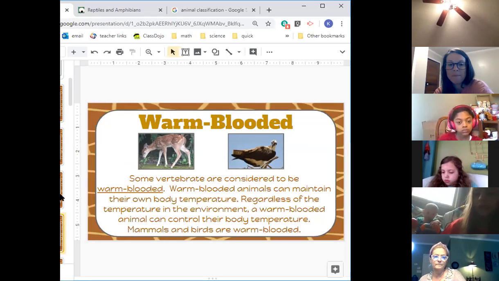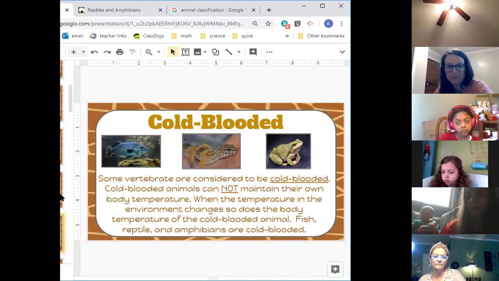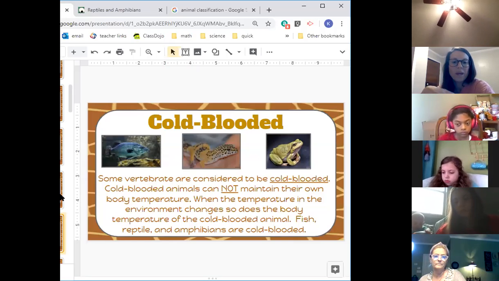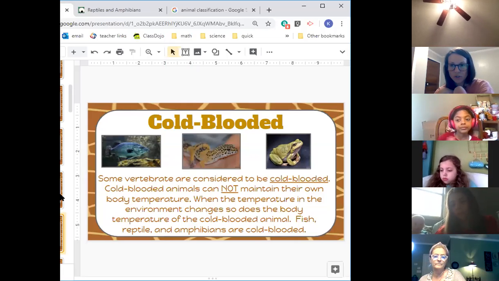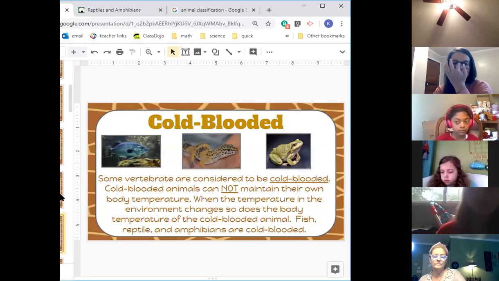That's going to be mammals and birds. Cold-blooded animals cannot maintain their body temperature. So when the temperature in the environment changes, so does the body temperature of the cold-blooded animal. This is fish, amphibians, and reptiles.